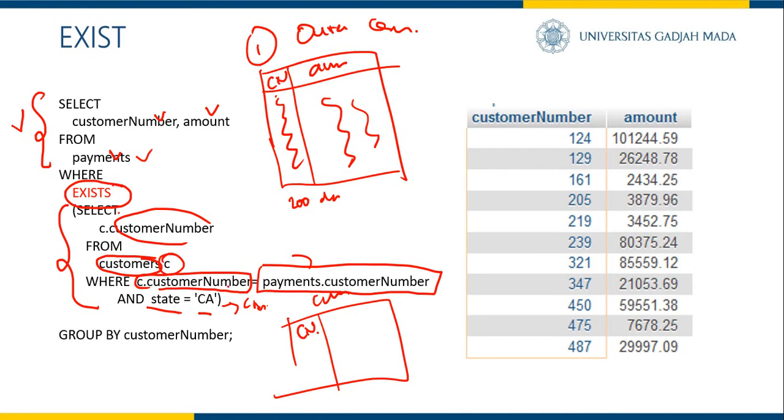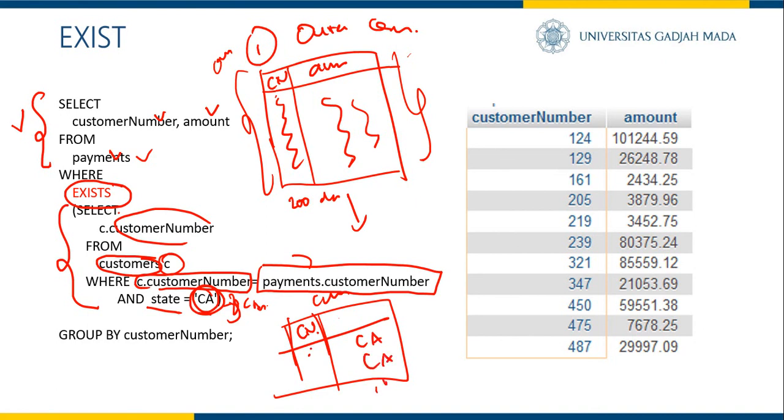So this is all the results from the outer query, and we are going to select the customers that are from California. See? This is the condition to select California. After we get the full result, we check whether this result also exists in the second table, where we select only customers from California. For example, we have customer numbers 1, 2, 3 in one, and 1, 2, 3, 4, 5 in the other.